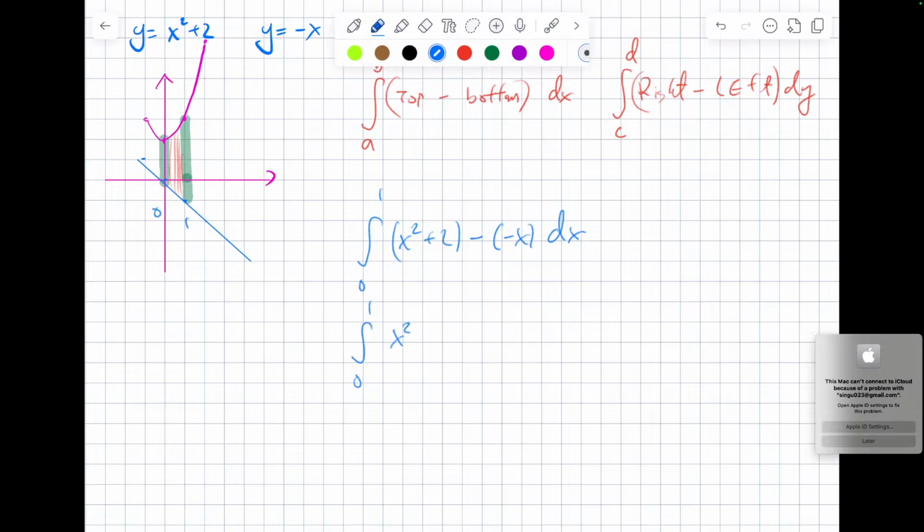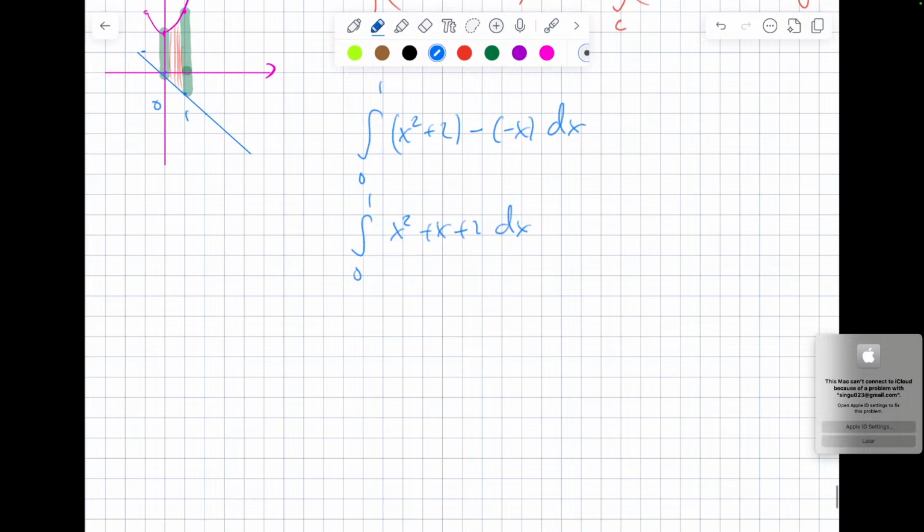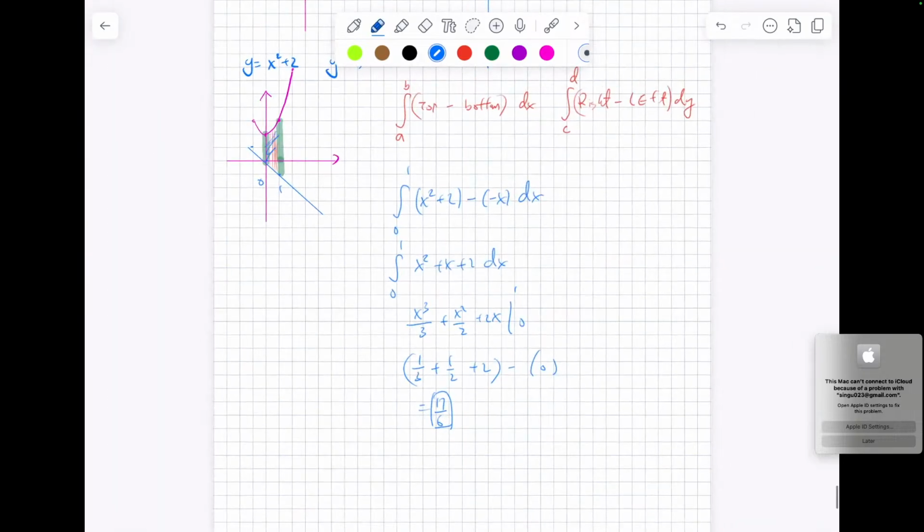So it'll be x squared plus x plus 2 dx, which you can find out as x cubed over 3 plus x squared over 2 plus 2x between 1 and 0. Then it's going to be 1/3 plus 1/2 plus 2 minus 0, and that's equal to 17 over 6. So that'll be this area here, 17 over 6.